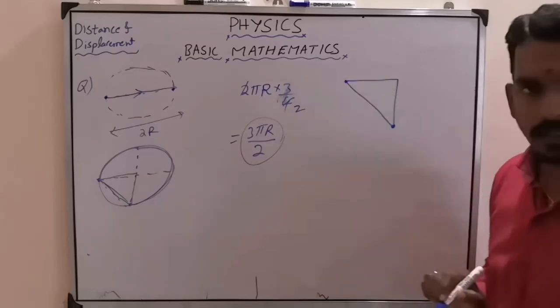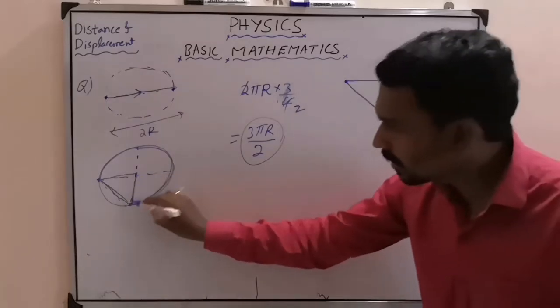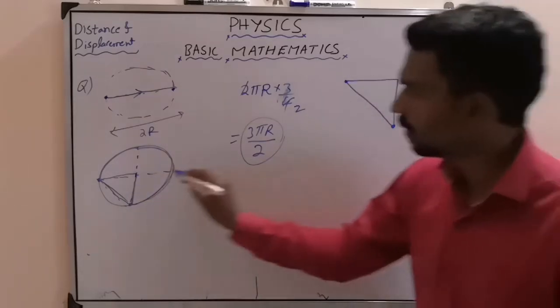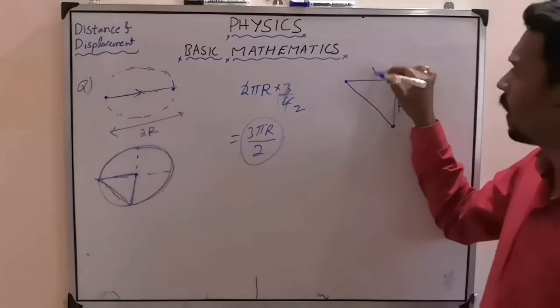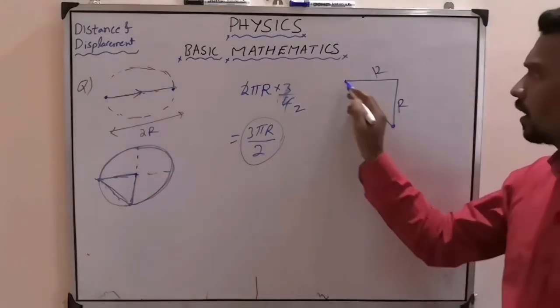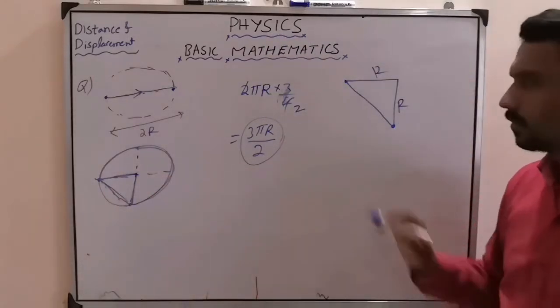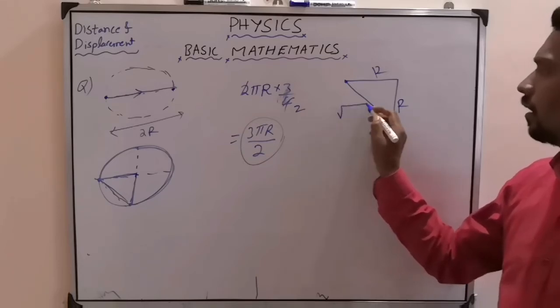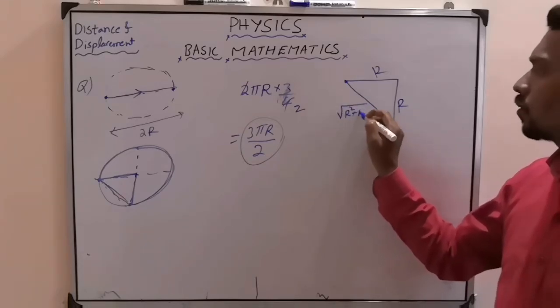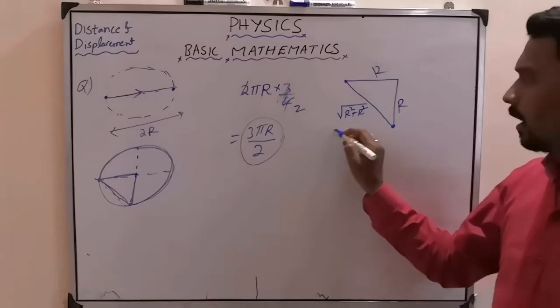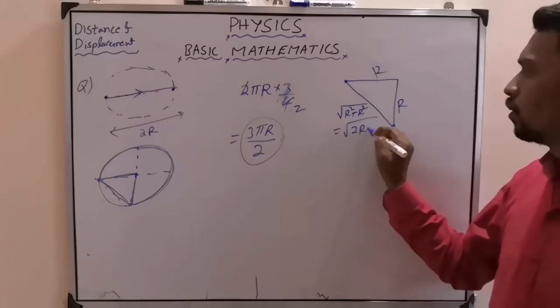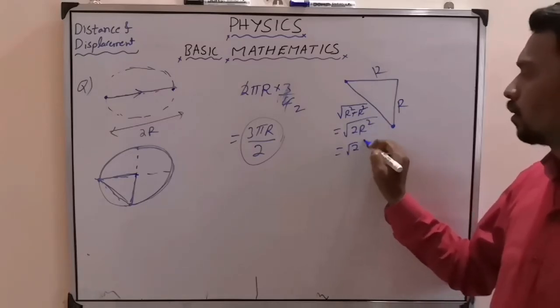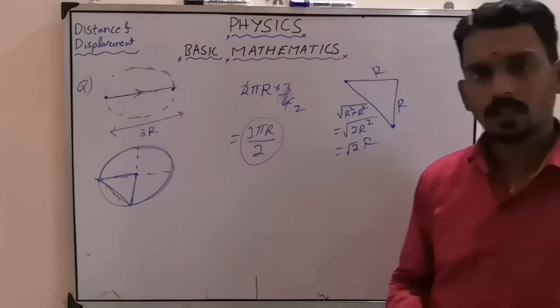Starting point, ending point. This is radius, this is radius. Now what will this become? Under root r square plus r square equals under root 2r square, equals root 2 r.